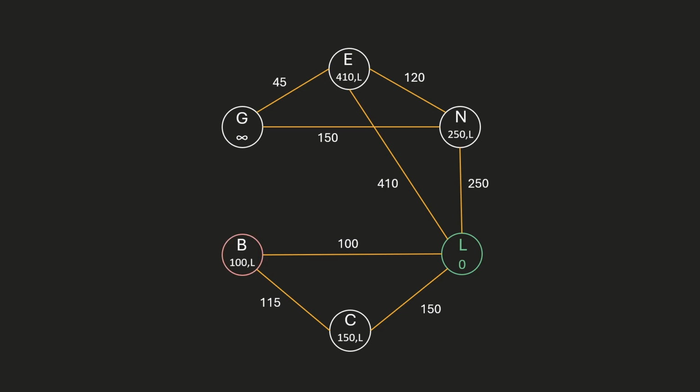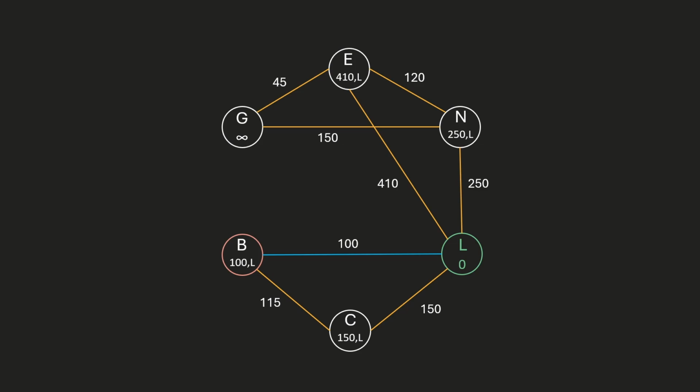So I will set Birmingham as the new current node, and the first node we will explore is London. So the cost to go from Birmingham to London will be Birmingham's current total cost, which is 100, plus the weight on the edge, which is 100. So the total cost of going from Birmingham to London, in this case, would be 200.